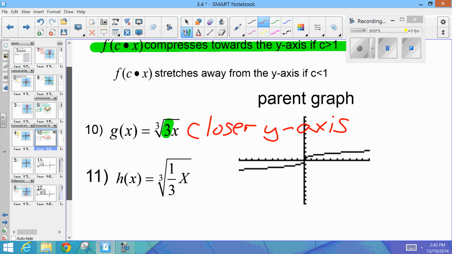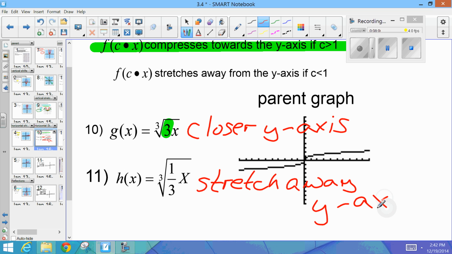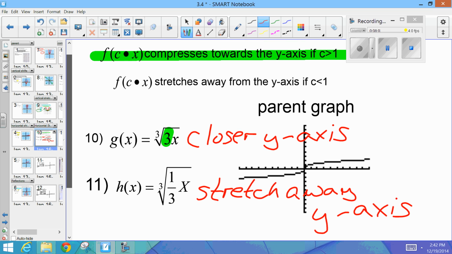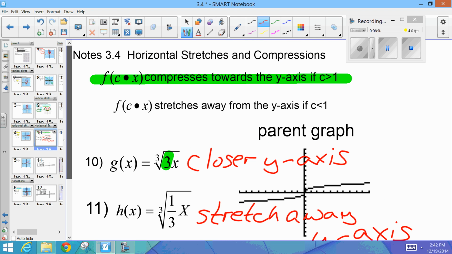This one is going to stretch away from the y-axis, okay, because I'm multiplying a number less than 1 inside the cubic root before I take the cubic root. Okay, so I'm going to show you the calculator screens on these.